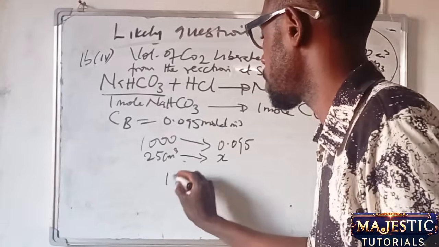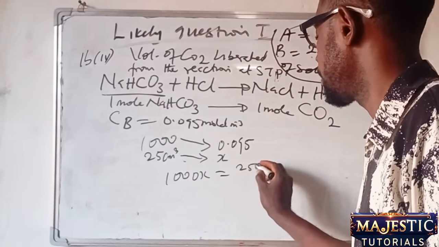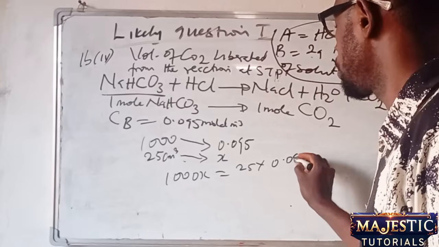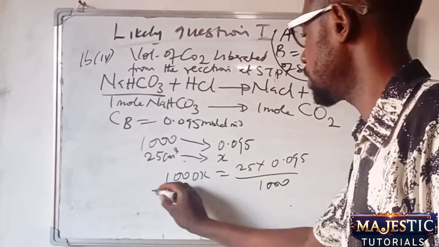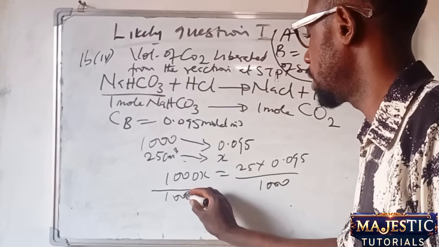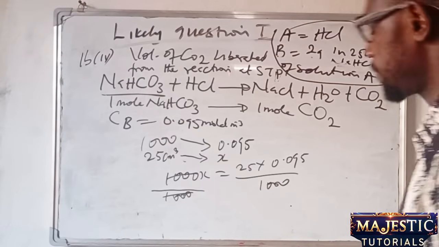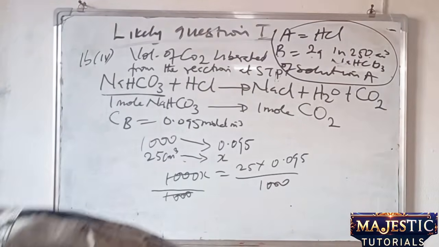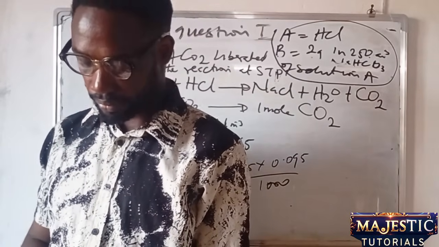X. So you cross multiply. 1000 X is equal to 25 times 0.095. Divide both sides by 1000 to cancel, so that X stands alone. So X is now 25 times 0.095 all over 1000. It's going to give us a small value of 0.0 something.